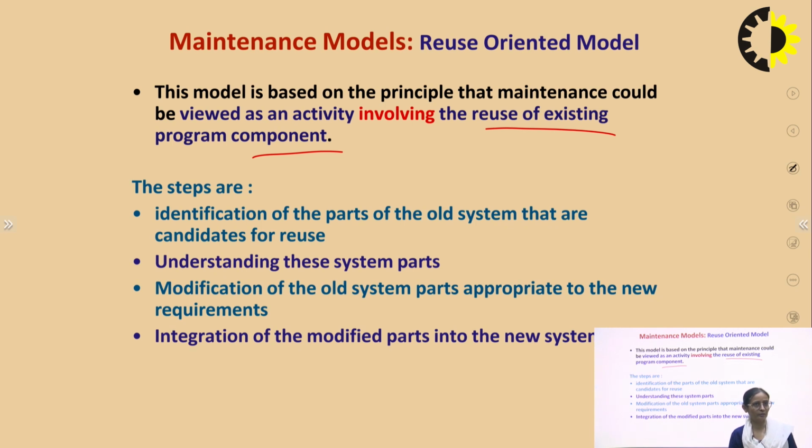So what are the steps in the reuse oriented model? First, you identify the parts of the old system that are candidates for reuse. Once you have identified them, then understand these system parts clearly: what is their purpose, whether they are independent entities, and if they are dependent entities, then on what components they depend, so that if you are changing them, you need to study the impact on the related components also. Then modification of the old system parts appropriate to the new requirement.